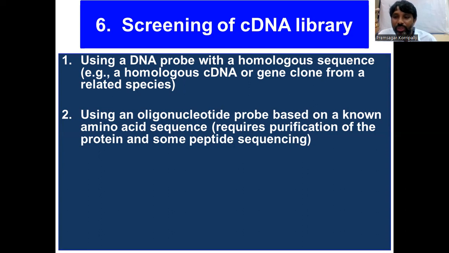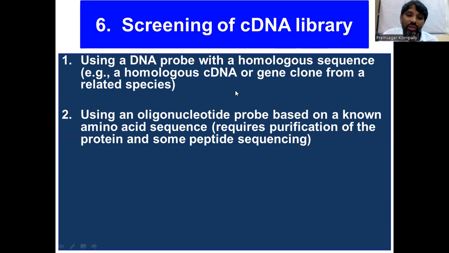DNA to mRNA, mRNA to protein, right? If you know the protein sequence, we can convert it using the triplet codons to the DNA. That's called reverse genetics. If you know the protein's amino acid sequence, we can prepare a probe to screen whether that particular gene of interest is there in the genomic or cDNA library or not.